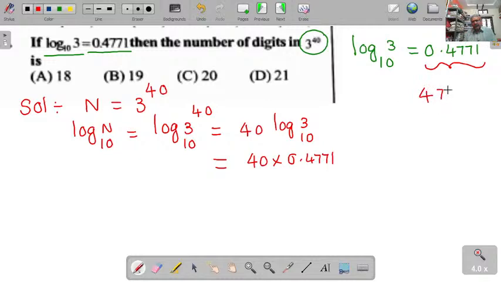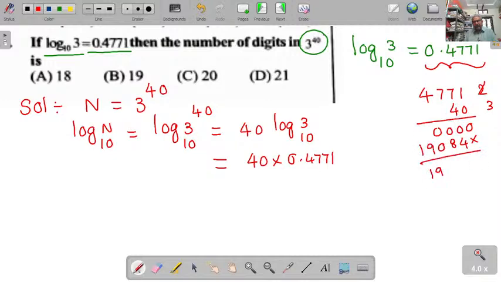So first remove the decimals, 4771 multiplied with 40. So what do you get? Very good. 4 1 ja 4. 4 7 ja 28, 28 plus 2 is 30. 4 4 ja 16, 19 you will be getting.